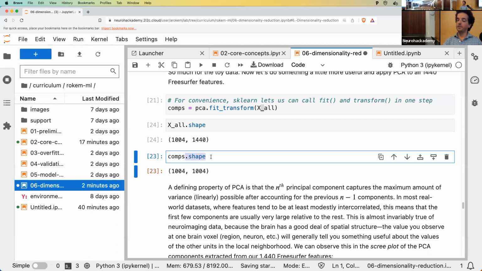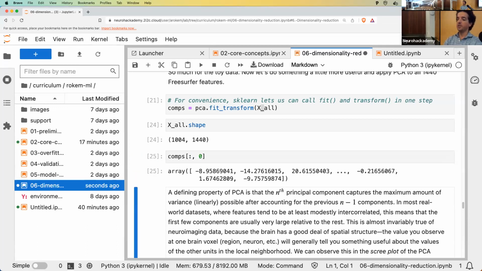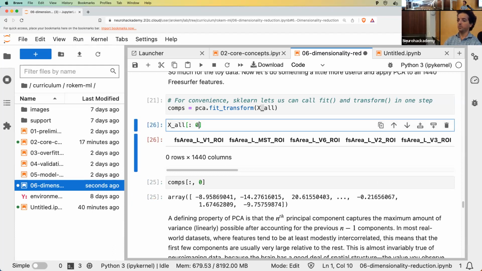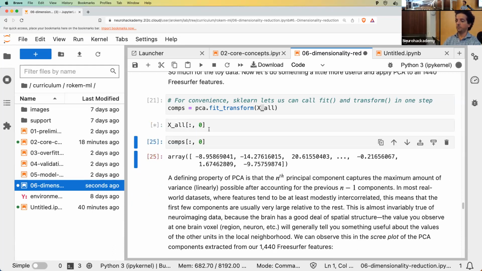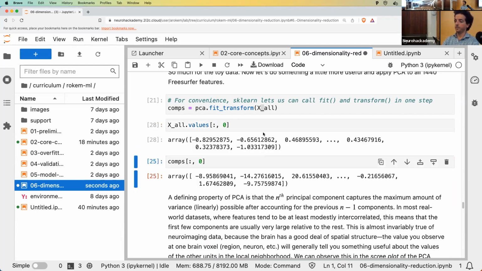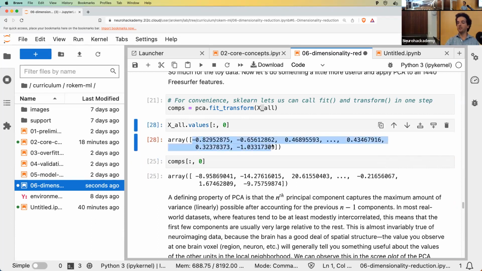And then the first one of these is the score associated with, right, there's the score associated. These are the scores in the, remember that we did scaling, that's why we get these negative and positive values.